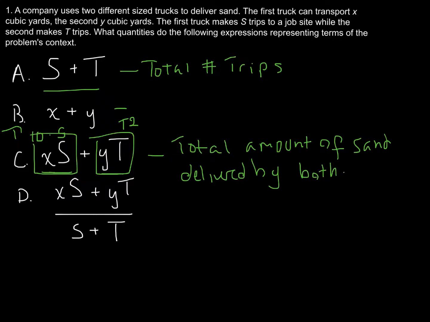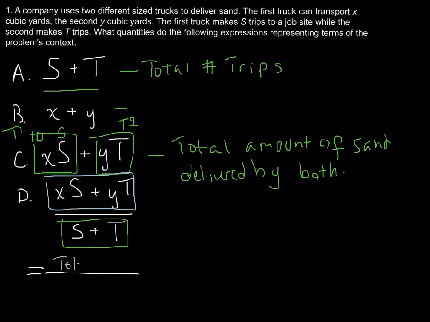Okay, and so then you move on to D, and D at first looks very complicated until you realize that you've already determined what the numerator and what the denominator represent. So if you were to translate this, the numerator is just the total amount of sand, and S plus T is the total number of trips.